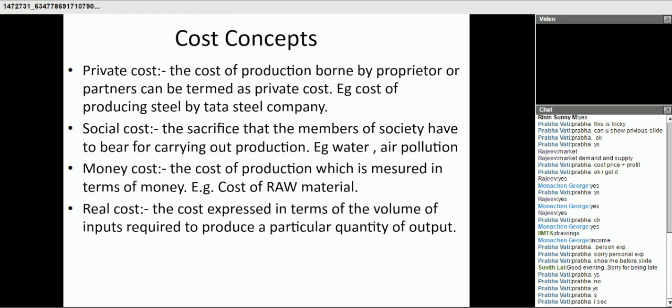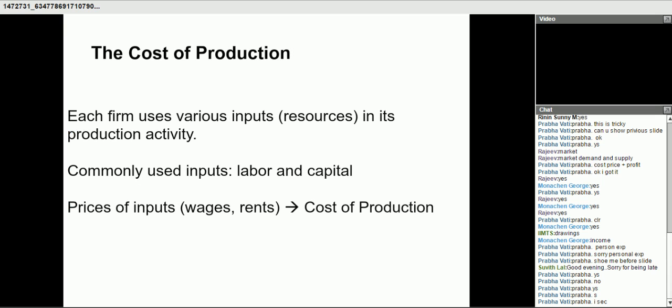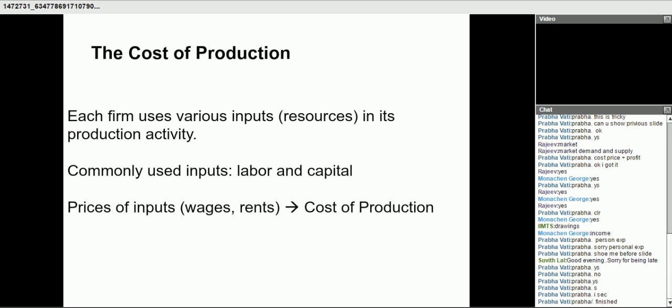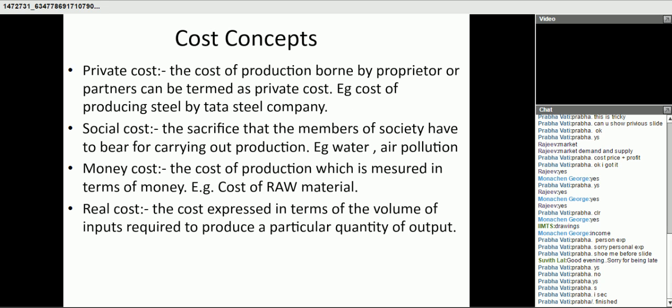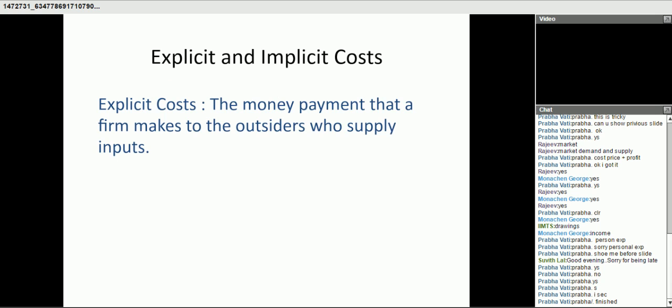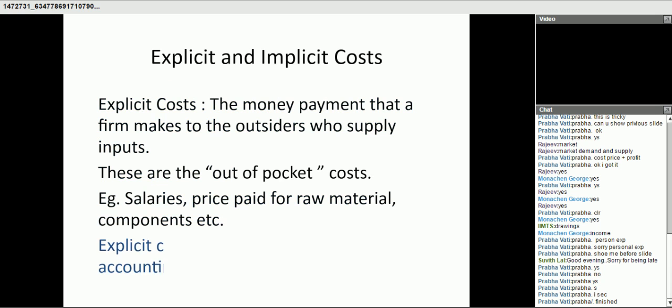Explicit costs are those which are associated with any business, and this is about the real money which is paid to third parties, paid out of the business.